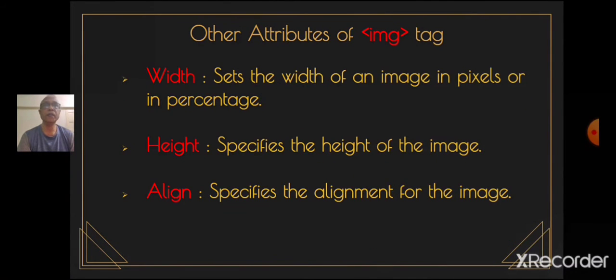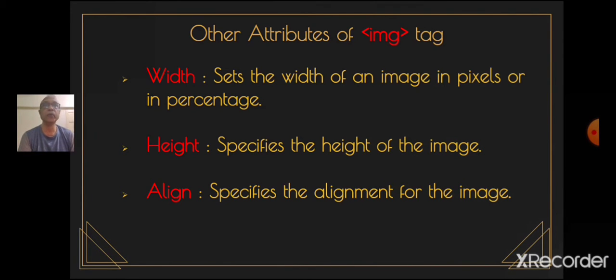Now we will see some more attributes of the img tag. Students, we can set image width and height on our web page based on our requirements using width and height attributes. We have to specify width and height of the image in terms of either pixels or percentage of its actual size.